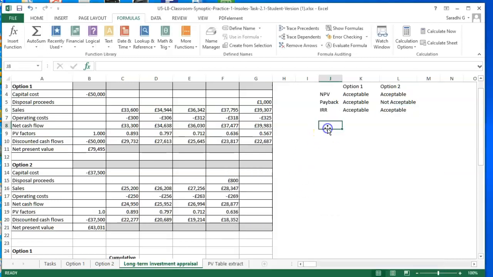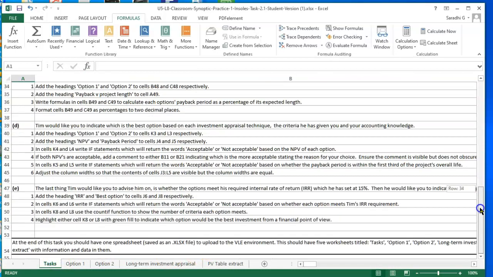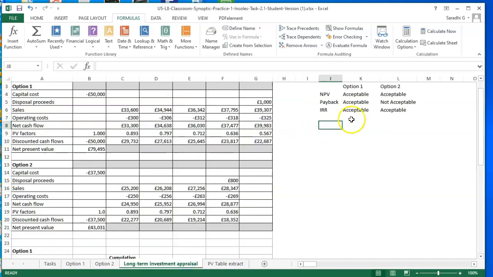Now they want you to use a COUNTIF function to see which of them has more acceptable reasons and which has fewer. The one with the most accept reasons will be the project which will be used. So in K8 and L8 you use the COUNTIF function. K8 is here.